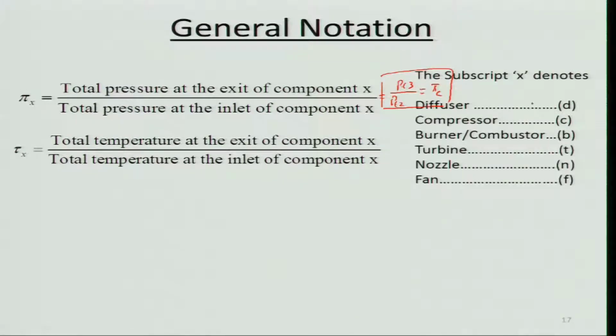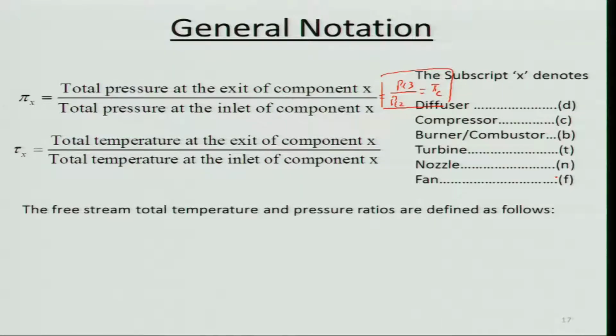We will be using these symbols in place of x: for the diffuser D, that is basically the air intake, compressor C, and burner or combustor B, pi B. For turbine we will use pi T, nozzle pi N, and fan small m. These are the notations we will be using.